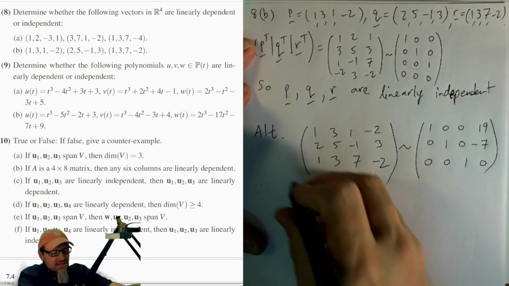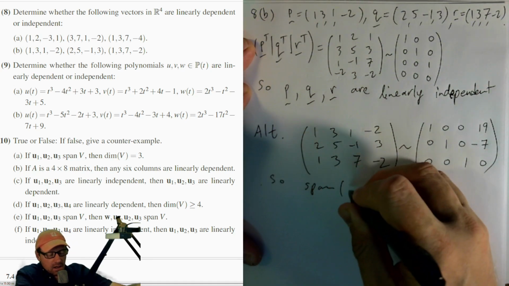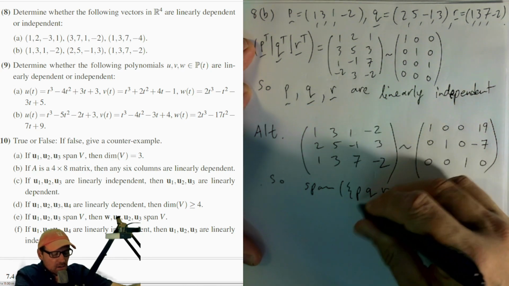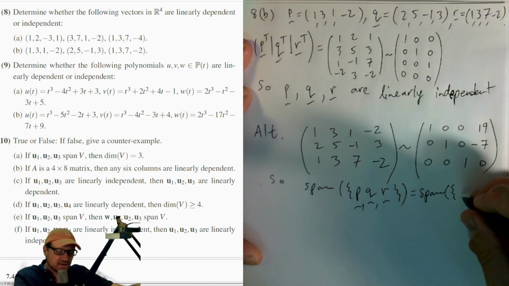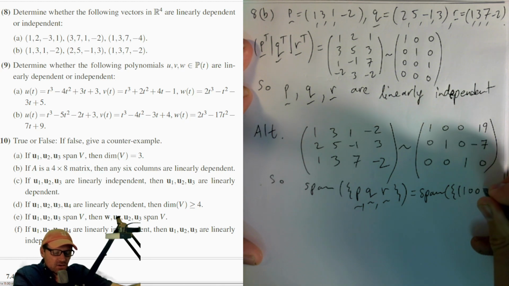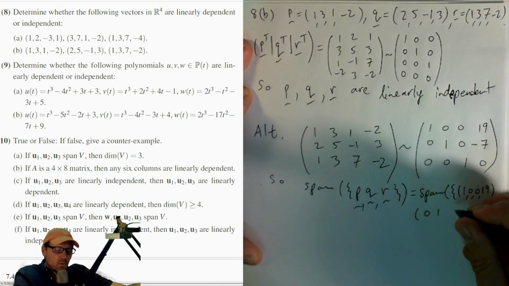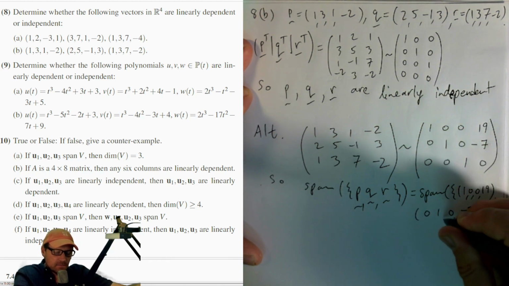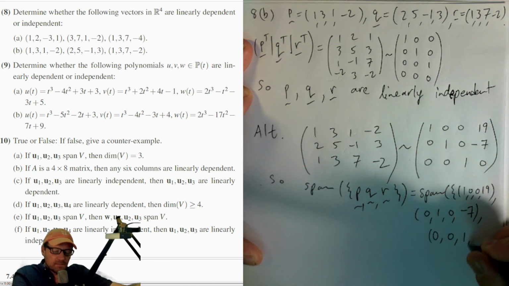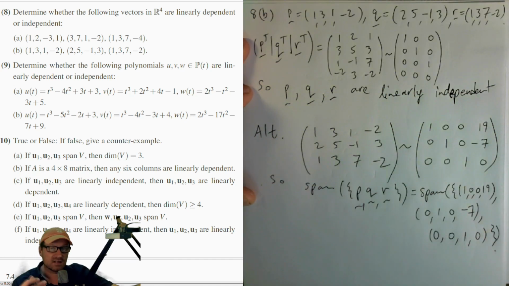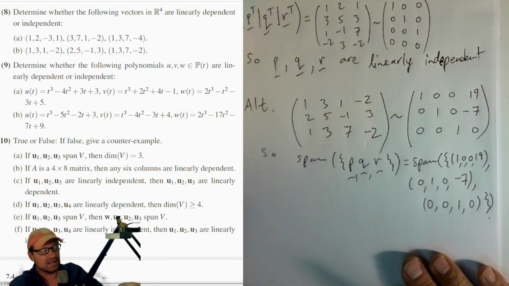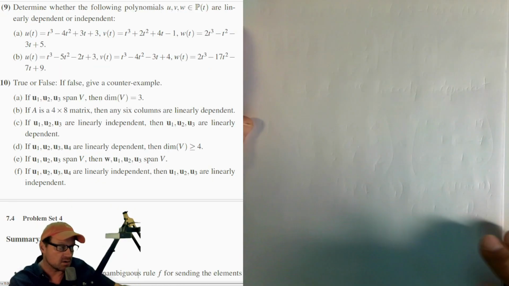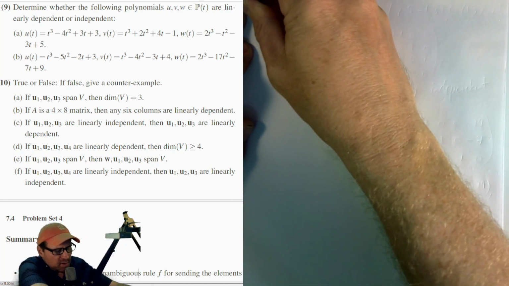And so that says that the span of P, Q, R is equal to the span of these simpler looking vectors. Okay, and so we can see that there are 3 of them. We require 3 of them. So we learn that these are, again, linearly independent. We need 3.